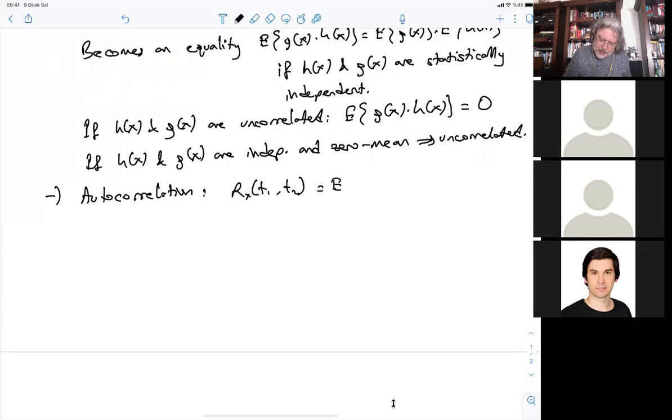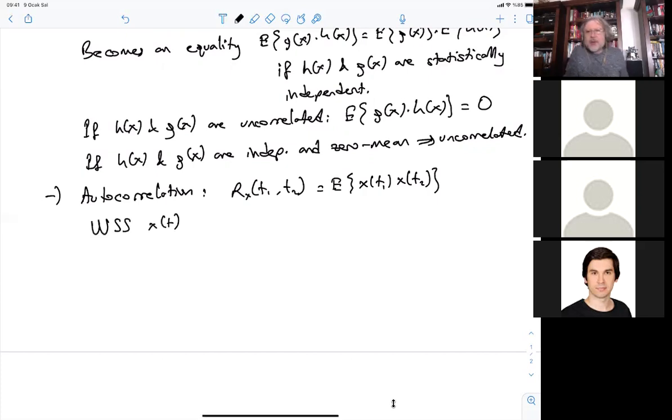And that is this correlation. It's like a cross correlation, but it's actually the cross correlation of the same signal that you evaluate, one for its value at t1, the other one for its value at t2.